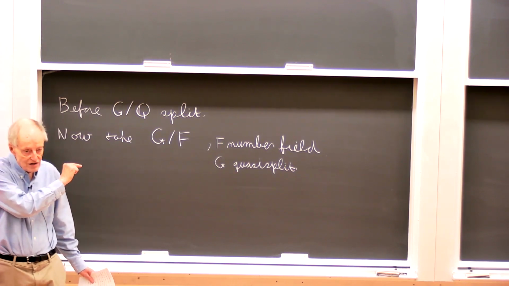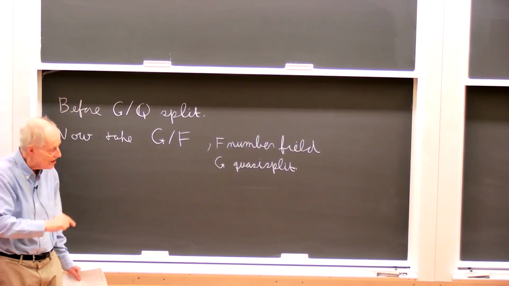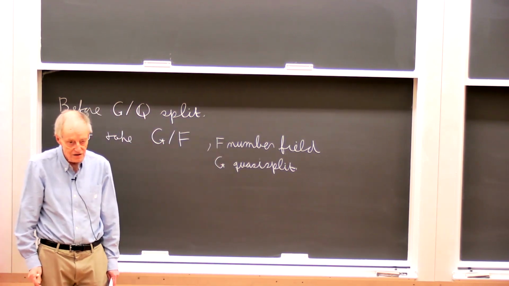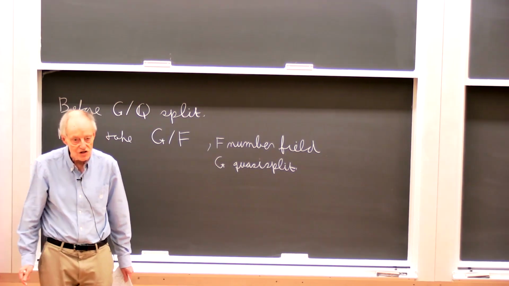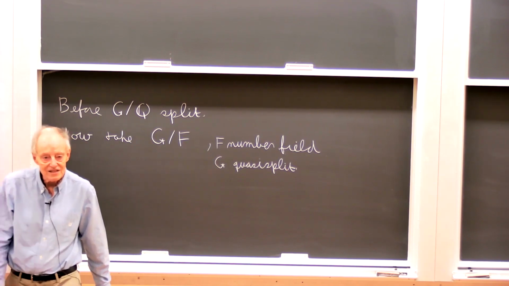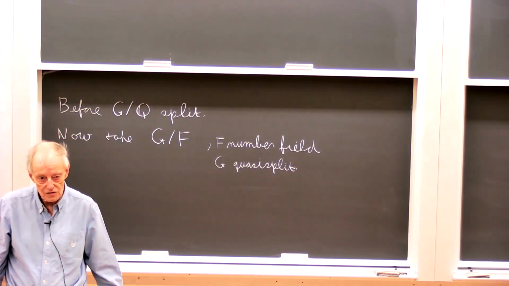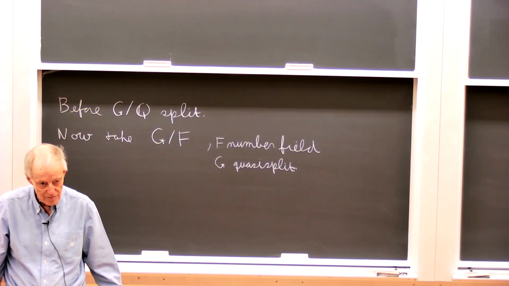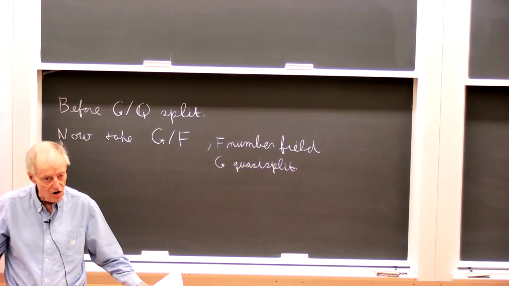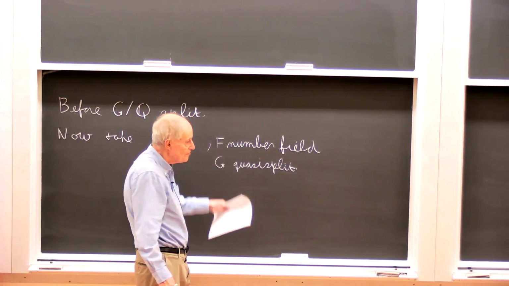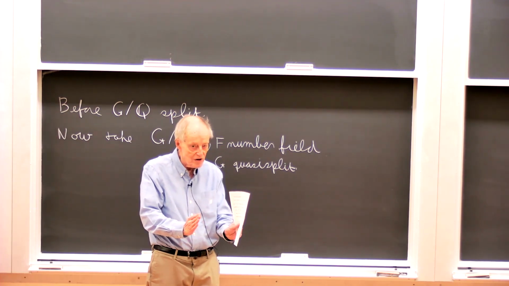So quasi-split is a property when you're talking about a group not over an algebraically closed field. It has a maximal torus which is split over the ground field. That's right. It's the same as saying that the minimal parabolic subgroup, which always exists for a group over, say, a number field, is a Borel subgroup.